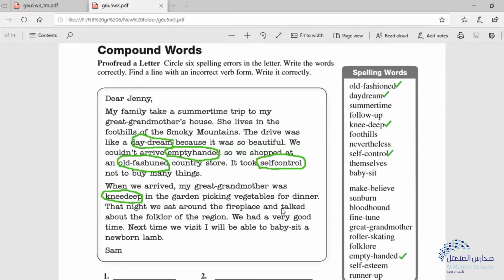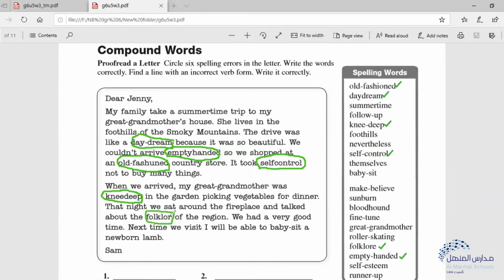Sat around the fireplace and talked about the folklore. Folklore. Let's look again. Folklore here, with an E. Here, no E. So which one? This one is right. And this is not correct.